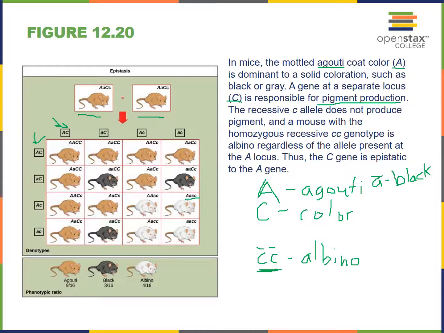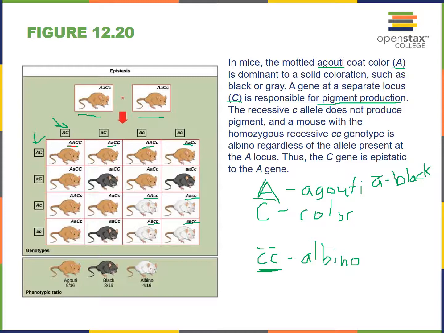So we have two lowercase c's here, here, here, and here. Those four possibilities have white coat color. The rest of these have at least one big C, so then you look at the A. If it has at least one capital A, the mouse is going to be agouti, or this brown color.